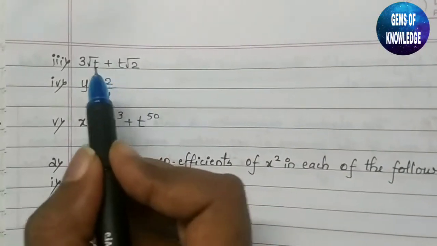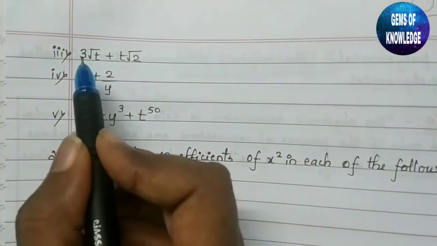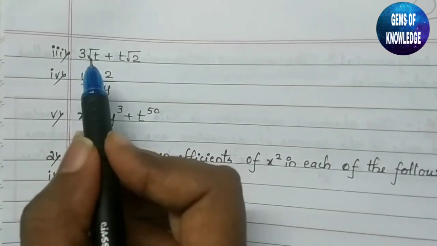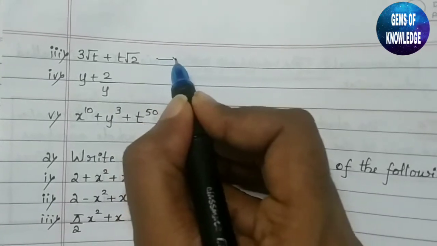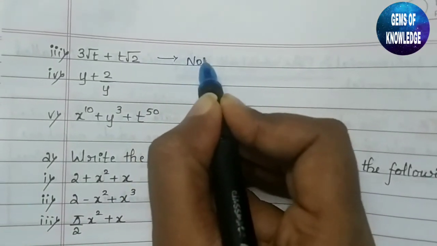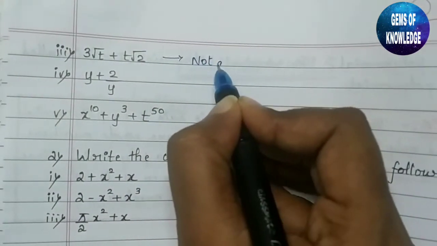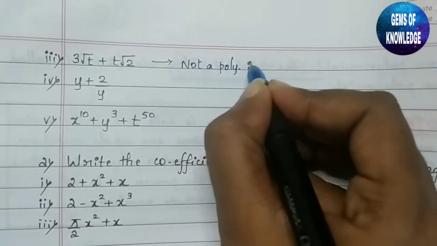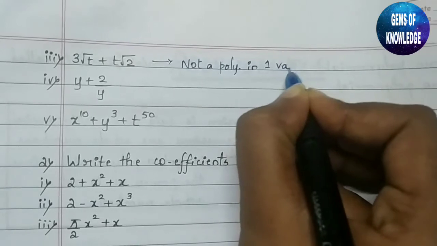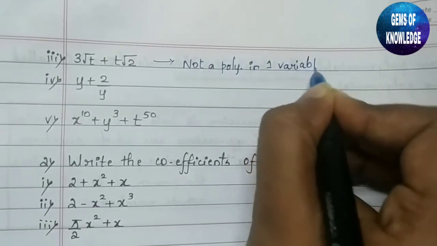Next, the third question is 3 into root t plus t into root 2. This is not a polynomial in one variable. Why?